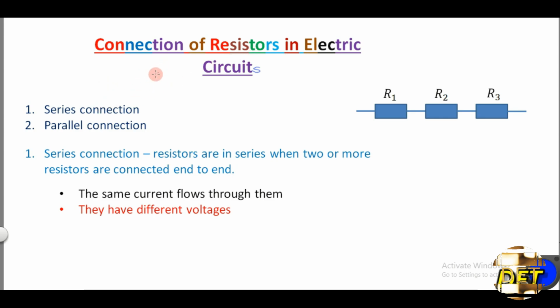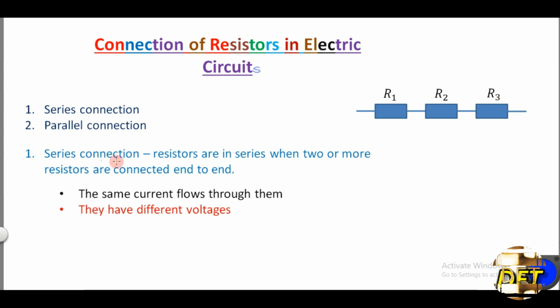There are two ways resistors are connected in an electric circuit. Number one is the series connection, and secondly, we have the parallel connection. These are the two basic ways in which resistors are connected in an electric circuit.